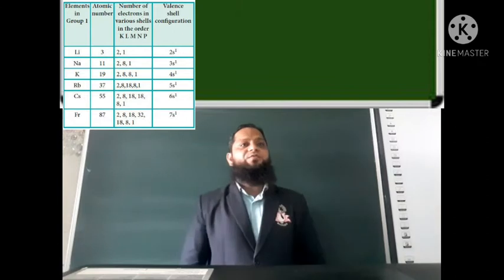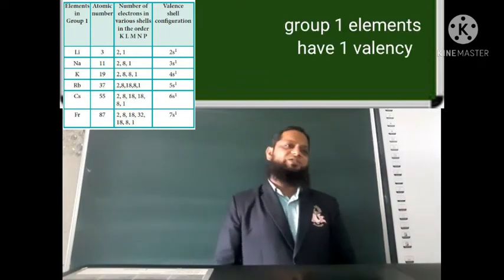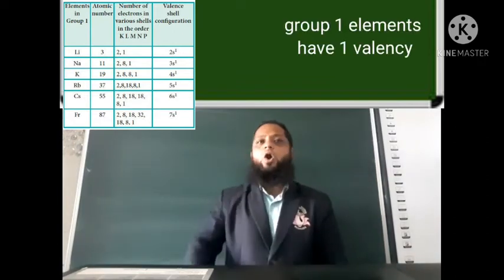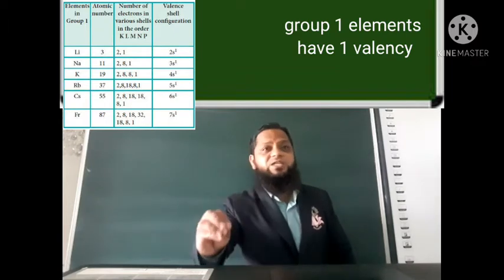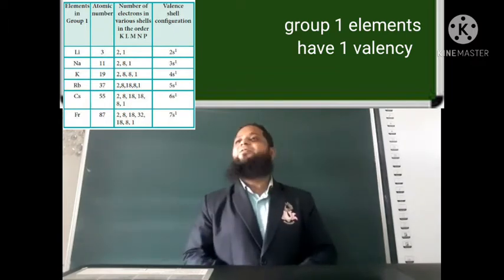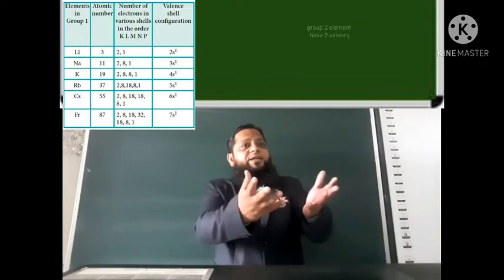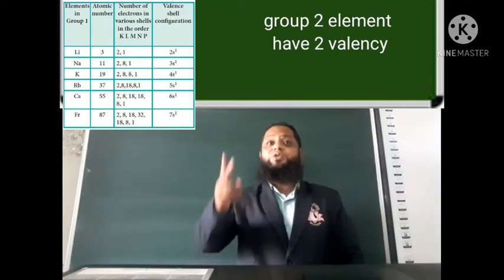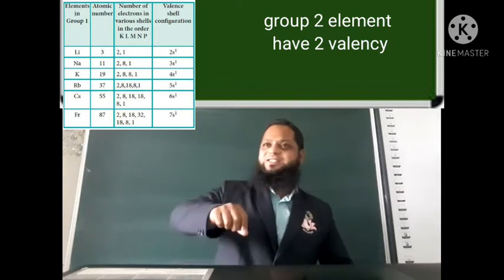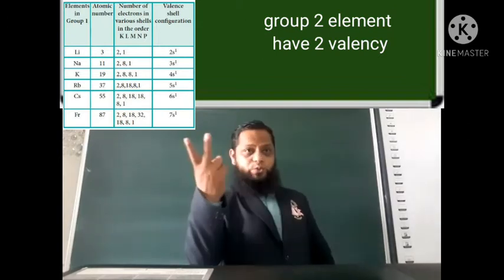They have therefore the same valency. For example, all the elements present in group 1 have the valency equal to 1. All the elements present in group 2 have the valency equal to 2.